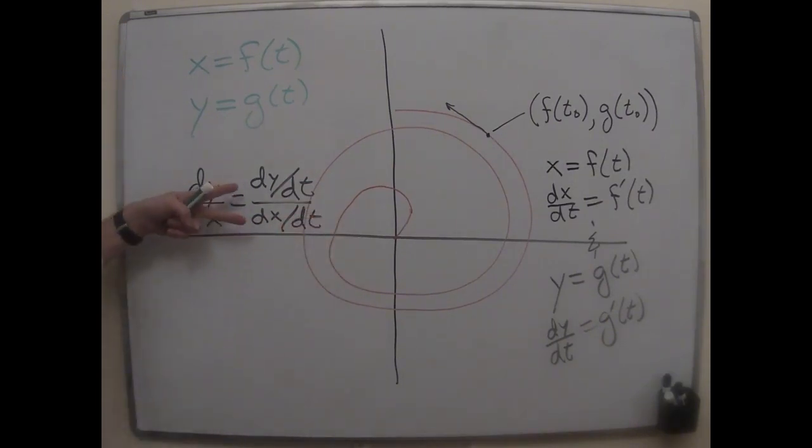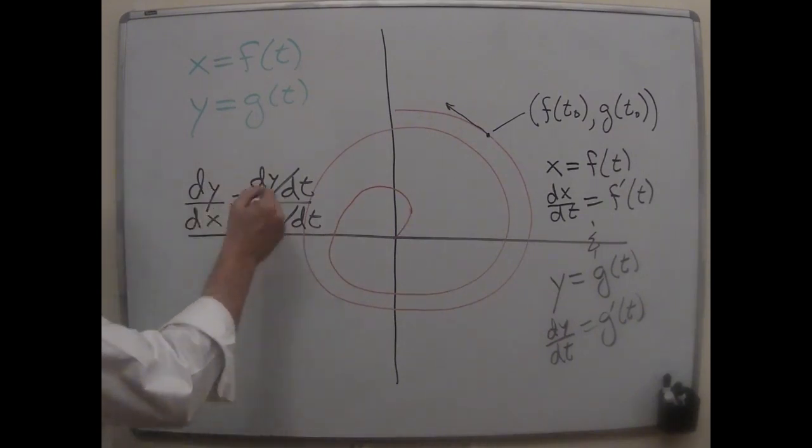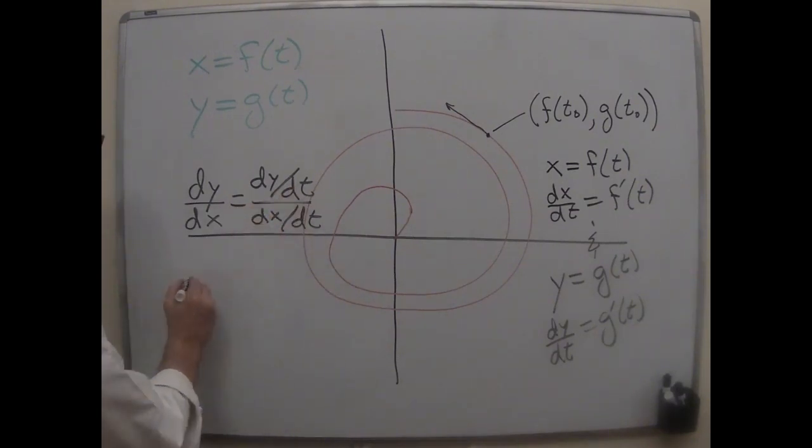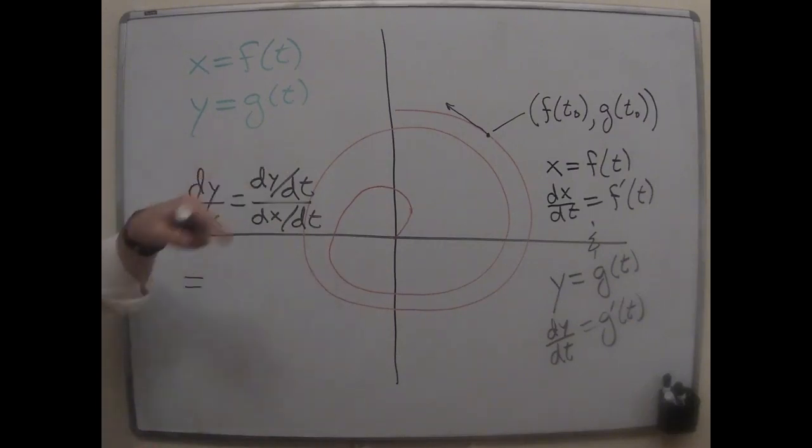And the power of the Leibniz notation is that these expressions that look like fractions, you can actually manipulate as though they were fractions. You can times top and bottom by dt, and that cancels off those things. But on the other hand, dy/dt is something we know. It's g prime.